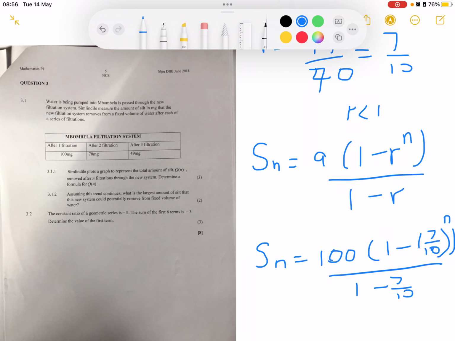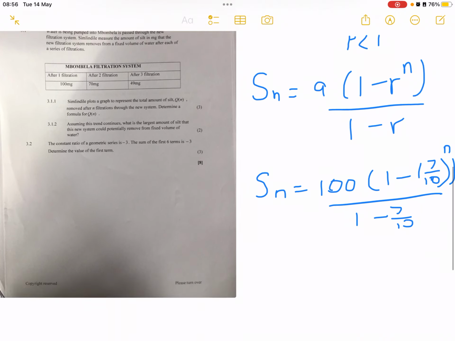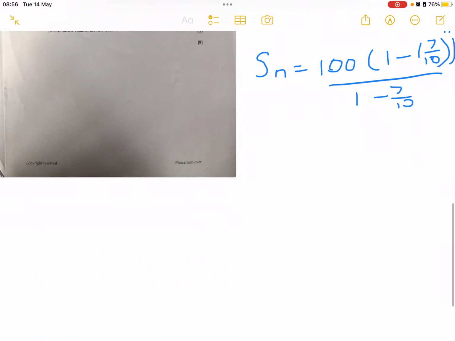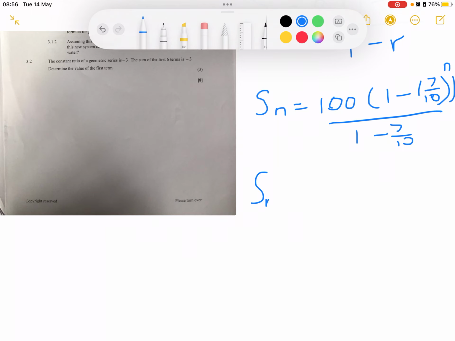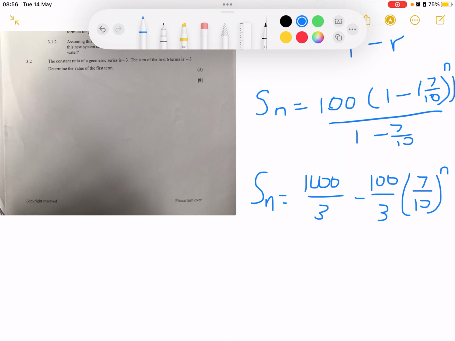Now, if we simplify this formula, we get Sn is equal to 1000 over 3 minus 100 over 3 into 7 over 10 raised to the power of n.